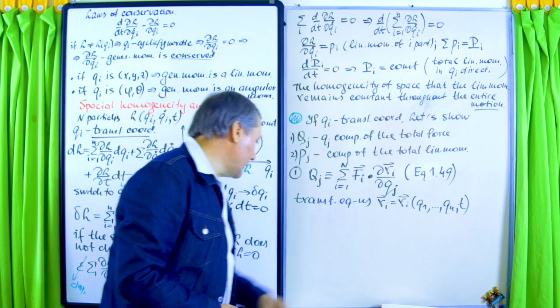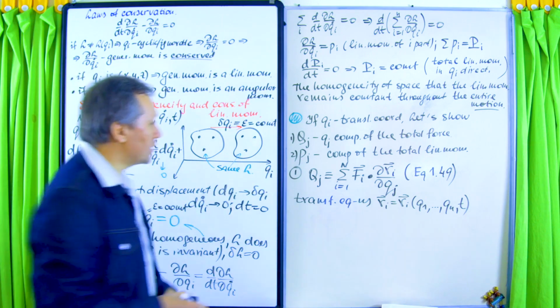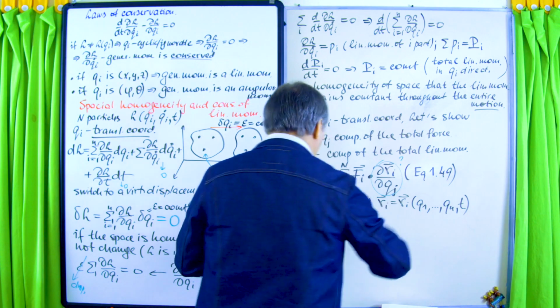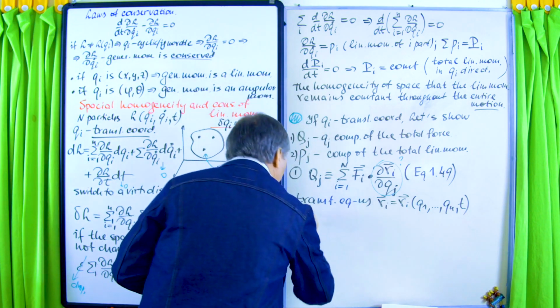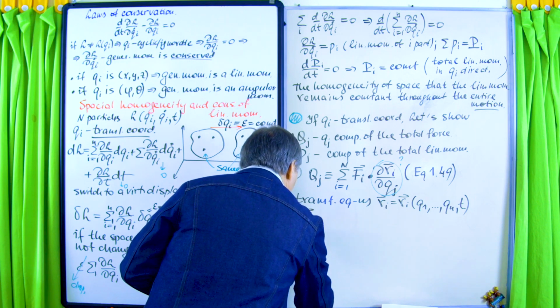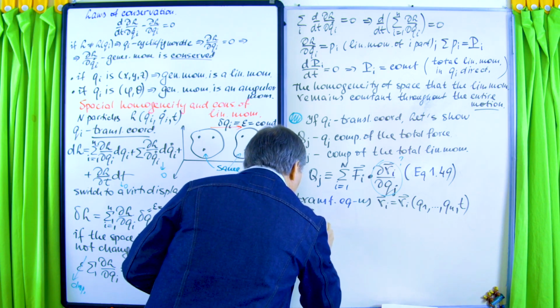All right, and so now let's write explicitly this partial derivative. It will be the partial derivative of Ri with respect to Qj, right?